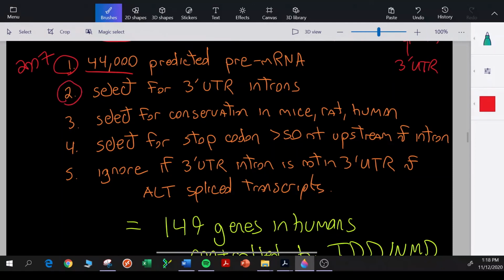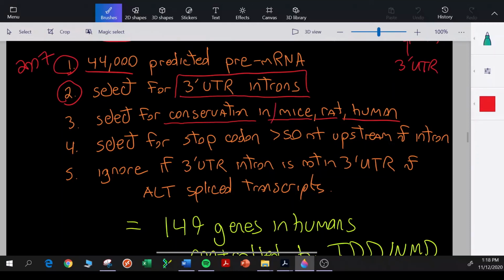Then among those, they selected those that were predicted to have an intron in the 3' untranslated region. And then among those, they selected for conservation of the 3' UTR in the mouse, rat, and human genomes.